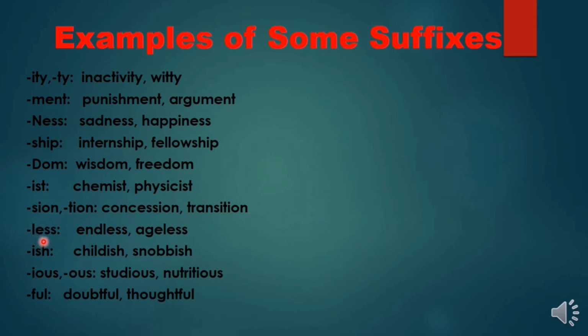By adding less, the examples are endless, ageless, etc. By adding ish, the words are childish, snobbish, etc. ious or ous: studious, nutritious, etc. Ful: doubtful, thoughtful, etc. So students, these are the examples of some suffixes, and you can easily see that all the suffixes have been added at the end of the root word.